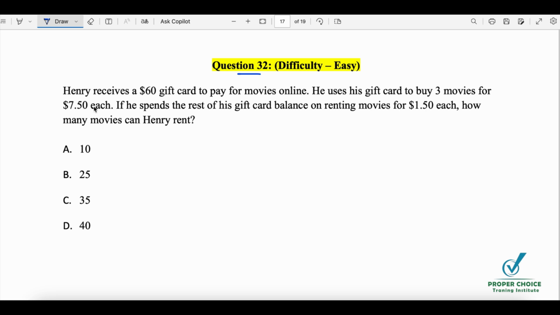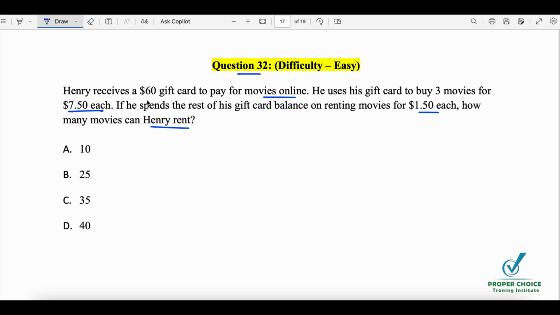Question number 32 says, Henry receives a $60 gift card to pay for movies online. He uses his gift card to buy 3 movies for $7.5 each. If he spends the rest of his gift card balance on renting movies for $1.5 each, how many movies can Henry rent? They are asking you to find out how many movies he can rent.